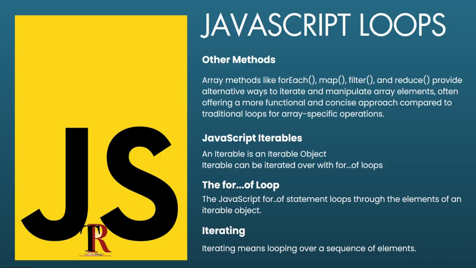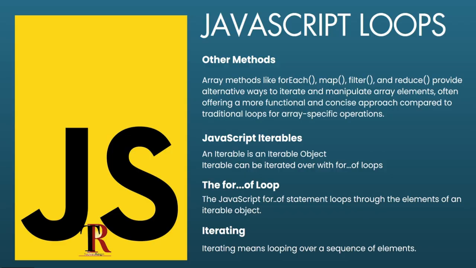So iterating means looping over a sequence of elements, and here are some examples of what you can loop over. You can iterate over a string, you can iterate over an array, we saw that in the last lesson, you can as well iterate over a set, and you can also iterate over a map.